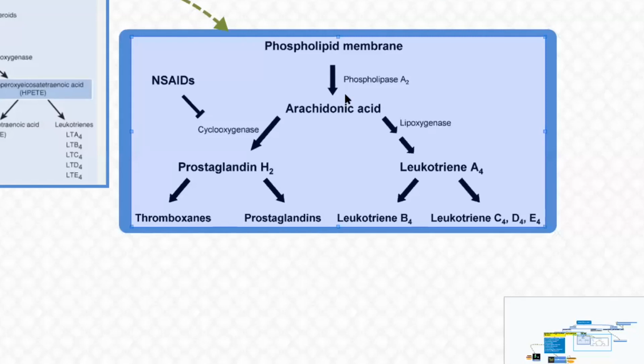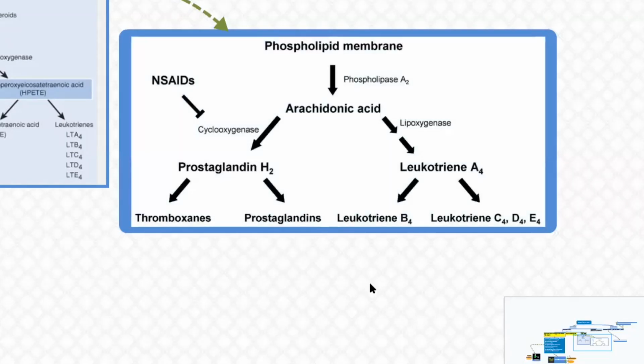So what happens with the arachidonic acid? It is converted into prostaglandin H2 and into the leukotrienes. Two other enzymes are important: cyclooxygenase and lipoxygenase. I am sure you are all well aware of this from your physiology and pharmacology, so I'm not going into the full detail.